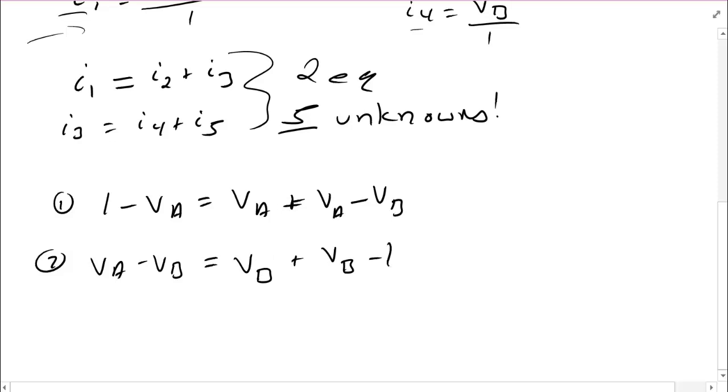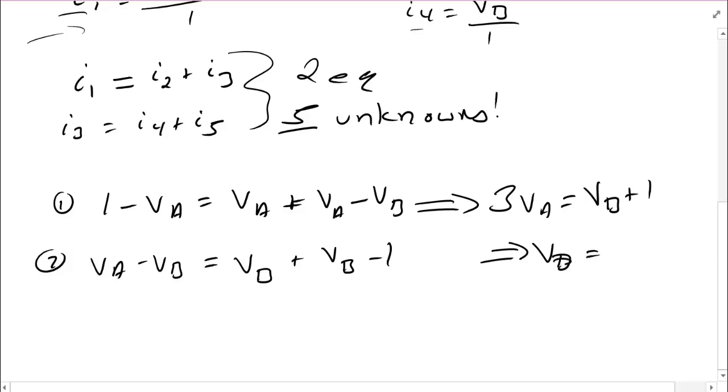To simplify this a little bit, equation 1 really tells us that 3VA is equal to VB plus 1, which implies that VB is equal to 3VA minus 1.